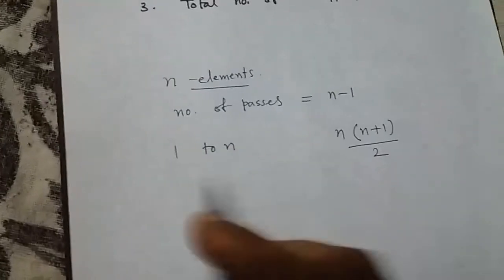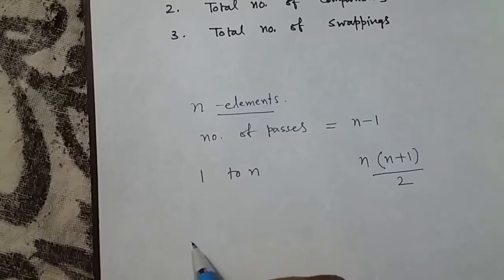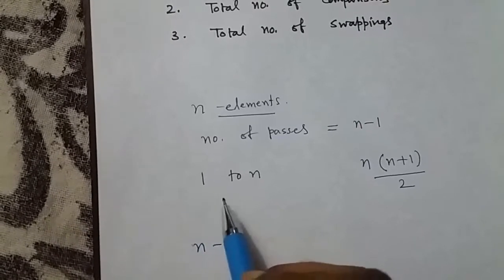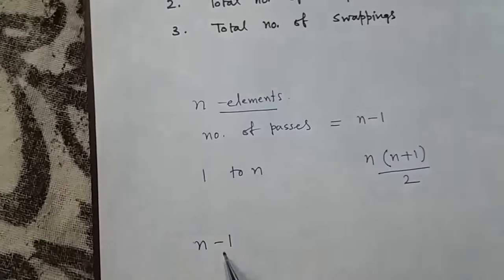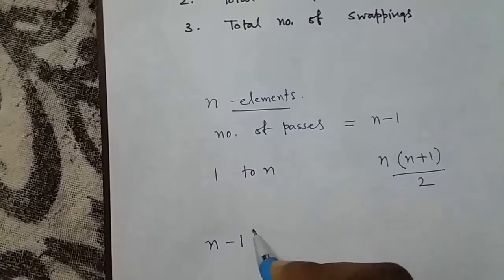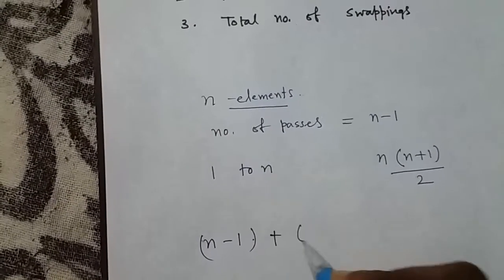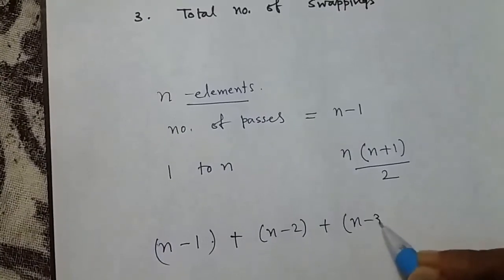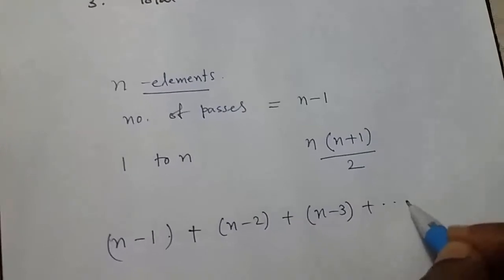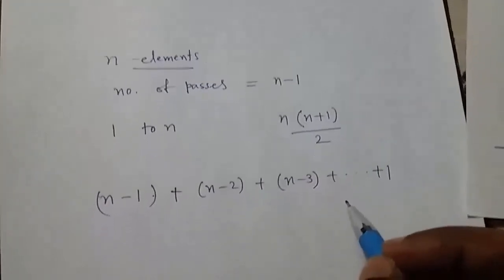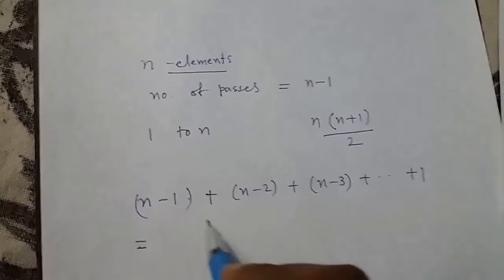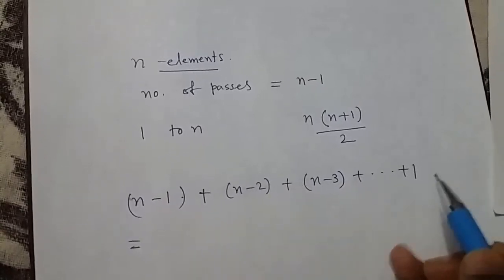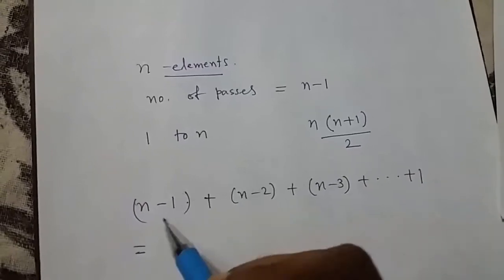So here you need to calculate the sum of all the natural numbers from n minus 1, in case of an array that consists of n elements. I am writing n minus 1 plus n minus 2 plus n minus 3 plus dot dot dot plus 1. So actually the addition will be the sum of all the natural numbers from n minus 1 to 1, or also you can say 1 to n minus 1.